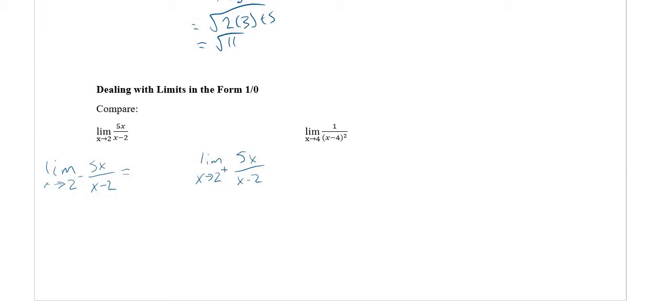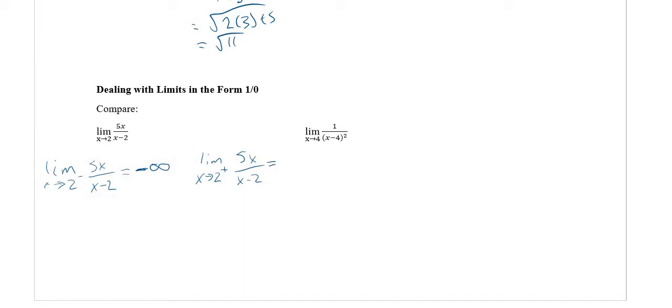To the left, we could plug in 1.999999 into our calculators. And we get a number that is very big but negative, which leads us to believe that from the left, we're approaching negative infinity.